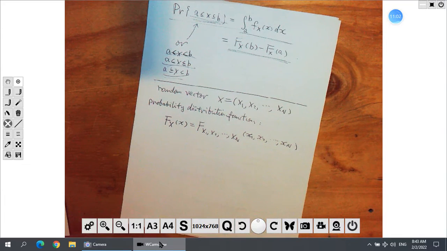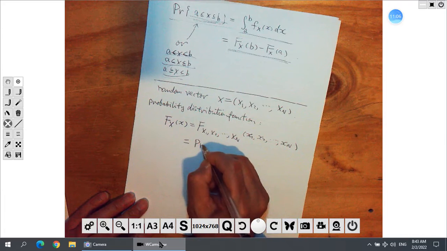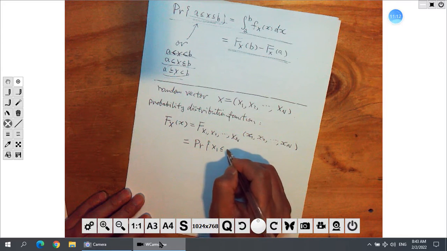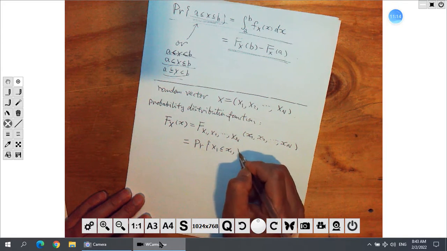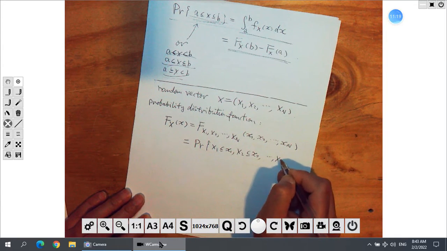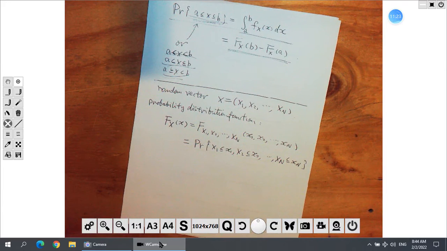The meaning is the probability that X1 is smaller than or equal to x1, X2 smaller than or equal to x2, until Xn smaller than or equal to xn. This is the definition of the distribution function.